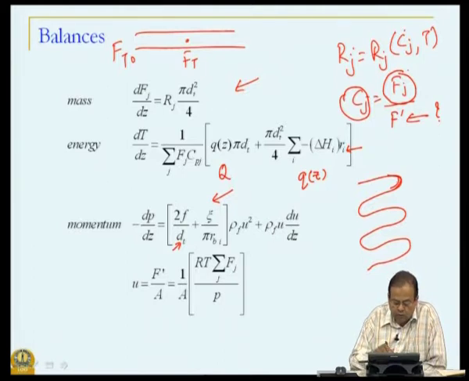So, we have now our momentum transfer, and momentum transfer has the velocity u for example, which is the flow rate f prime by A. And now, how do we get our flow rate f prime? We use our ideal gas law.